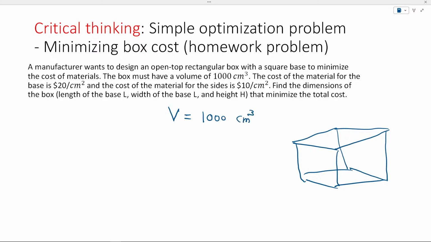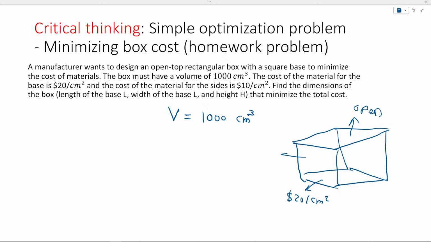The cost of the material for the base is $20 per centimeter cube. And for the sides, so we have one base, and it's open from the top. So this is open here. It has one base and four sides, 1, 2, 3, 4 sides, and one base.